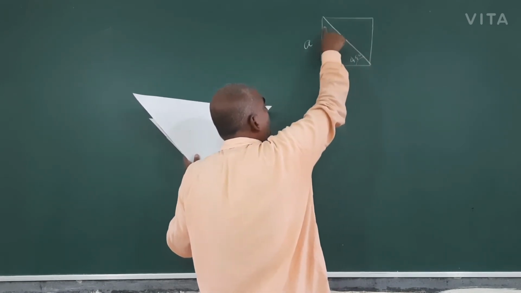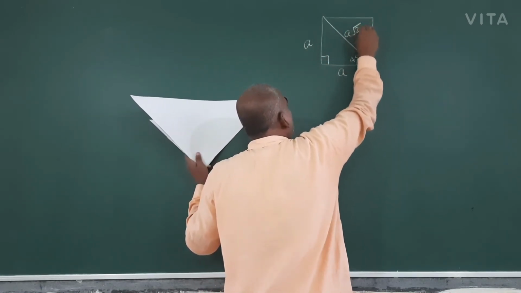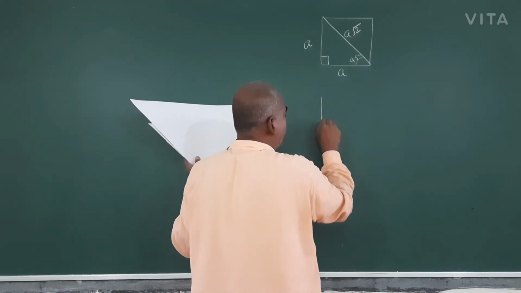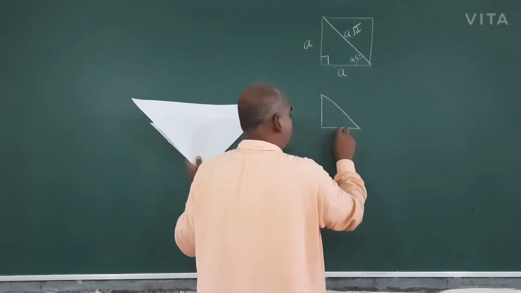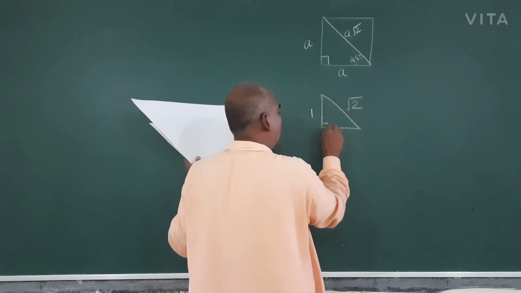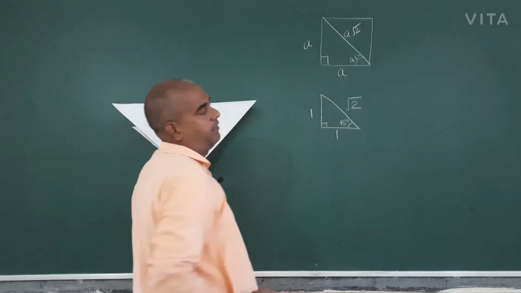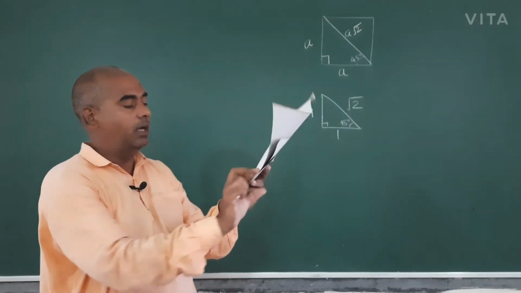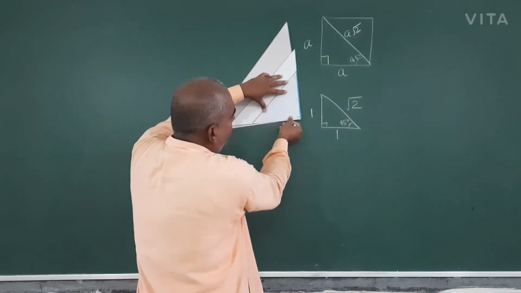This is A, Pythagoras theorem, it will be A root 2. For simplicity, we make it as 1, this is 1, and this is root 2, and this is 45 degree, this is also 45 degree. So I have told you in that video, you can see again, and we don't know what is the value of A.